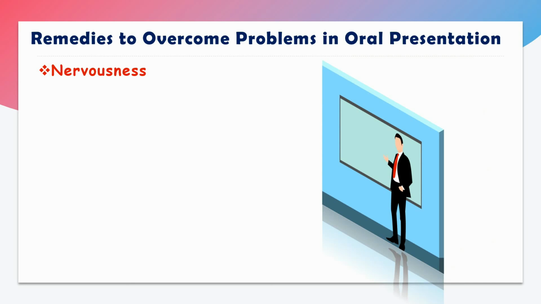If the nervousness is a little bit, then it is better, but if it is more, then one should overcome it, and one can overcome it by preparing or rehearsing the presentation again and again. It will boost your confidence before giving the presentation to the audience.